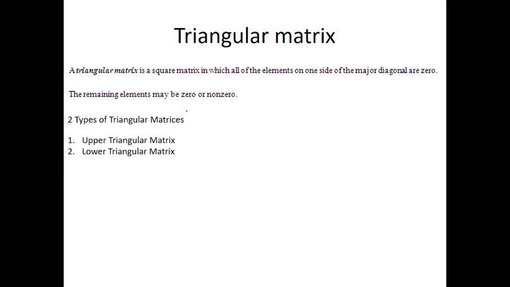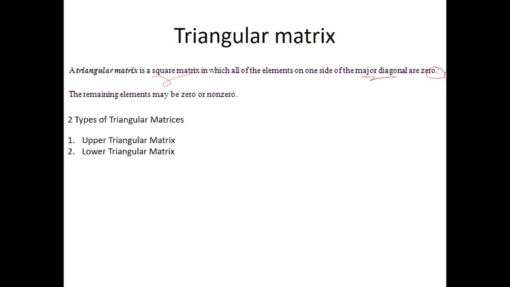For us to say that the matrix is triangular, it should be a square matrix first. And then all of the elements on one side of the major diagonal, either right side or left side, or upper side, lower side, must be all equal to 0.